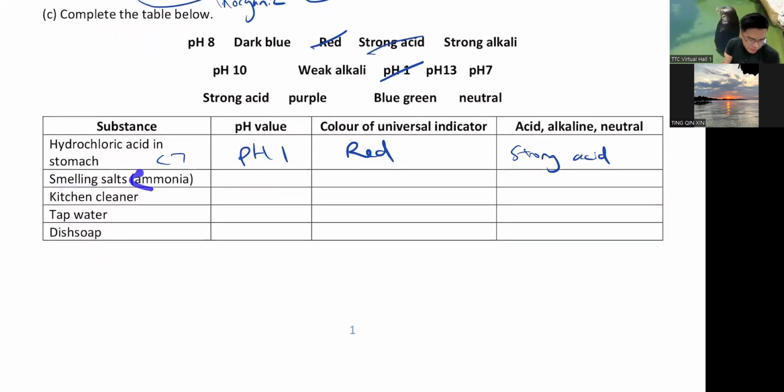Okay, next, smelling salt. This is called ammonia. Okay, funny thing about this ammonia, 其实 ammonia 在哪里找到嘞？ammonia 是在你的尿里面有的。那个尿臭臭的味道，OK, the pee smell, 那个就是 ammonia. When you walk into a toilet, when you walk into public toilet, very dirty public toilet, you will smell this ammonia lah.